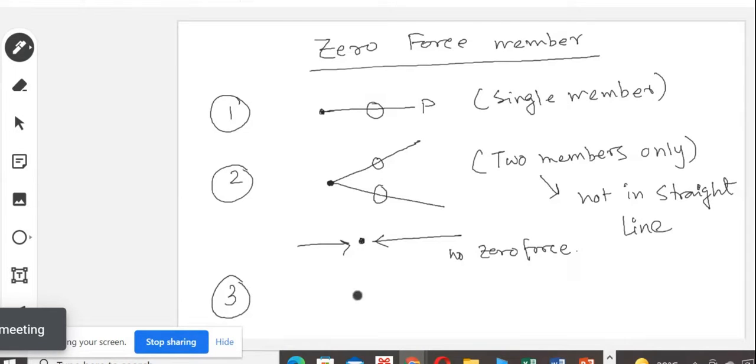Third, which we have done just now: if there is a joint and this is one member, this is another member, these are in a straight line, and there is another member. So in this case, say this is P, this is Q and R. Which one will be zero here among P, Q, R?